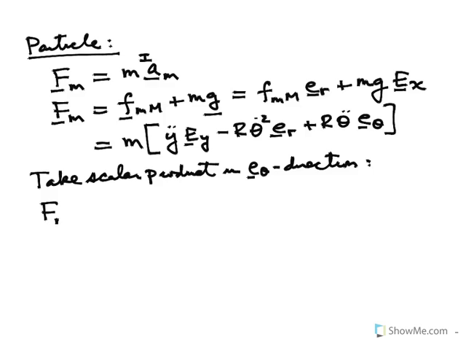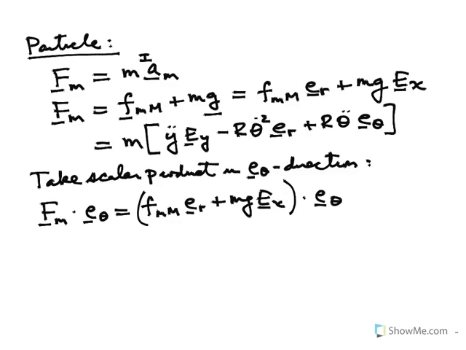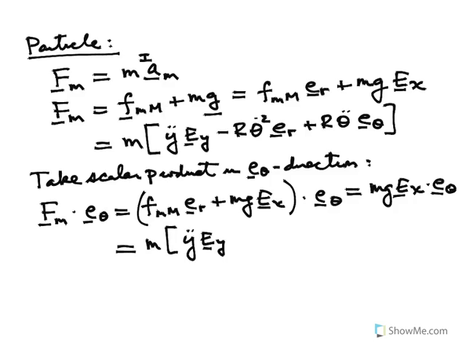When we do that, we get F dotted with e_theta is equal to F big M e_r plus mg e_x dotted with e_theta, which is equal to, well, e_r dotted with e_theta is 0, so you get mg e_x dotted with e_theta, and that is equal to the mass times y double dot e_y minus r theta dot squared e_r plus r theta double dot e_theta dotted with e_theta.